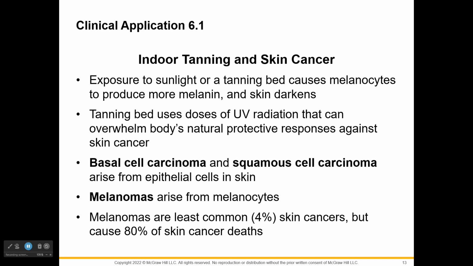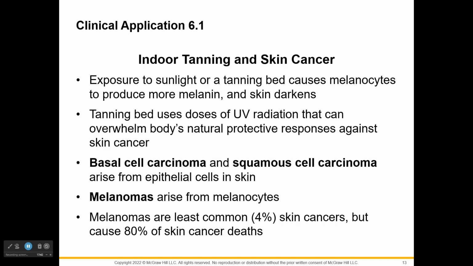Anyway, basal cell carcinoma and squamous cell carcinoma arise from epithelial cells in your skin. Where? Well, basal cells from the stratum basale, and squamous actually I believe is from your spinosum. But these don't metastasize as quickly, but are pretty common.